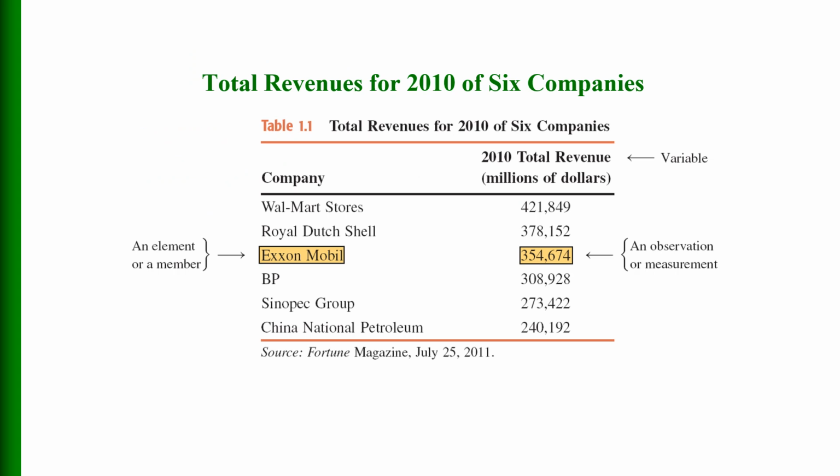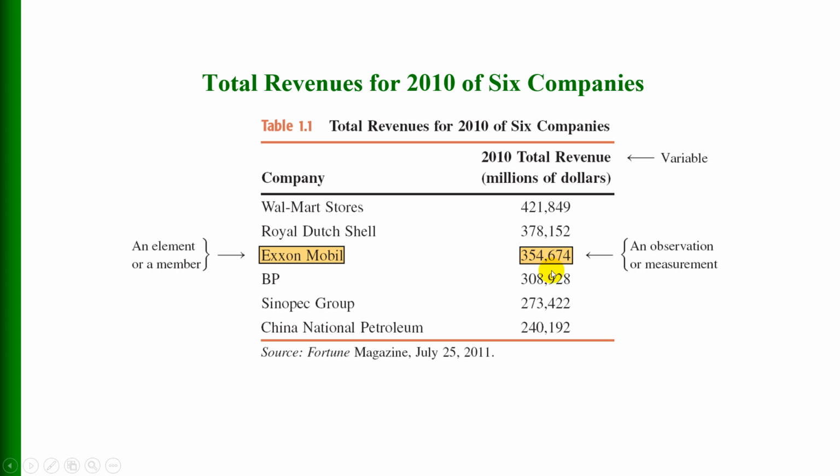Here is an example. In this table, this is the total revenue for 2010 of 6 companies. Now here are the 6 companies: Walmart Stores, Royal Dutch Shell, ExxonMobil, BP, Sinopec Group, China National Petroleum, and here are the total revenues. These are in millions of dollars.